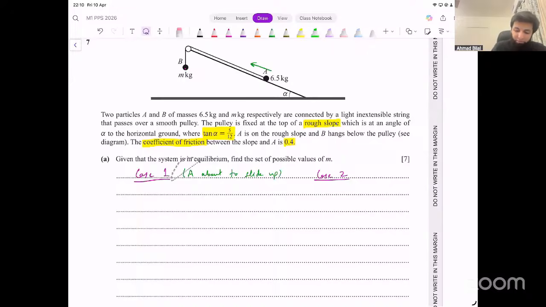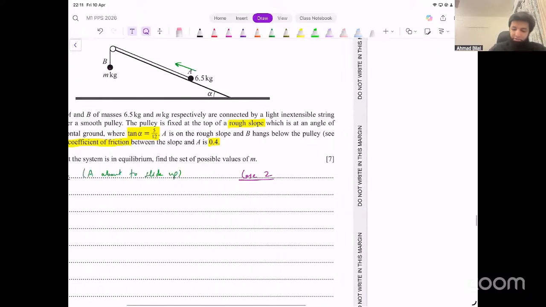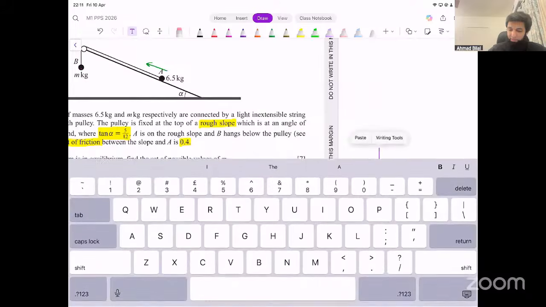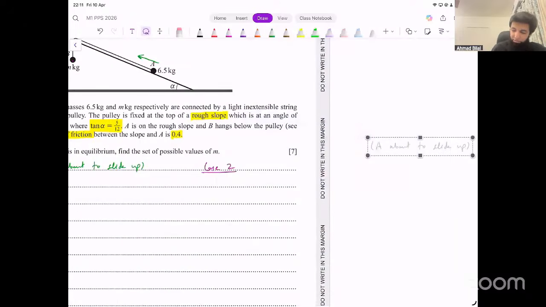And then the second case would be A is just about to slide down. Now, what changes in both of these cases? The direction of friction changes in both of these cases, right?